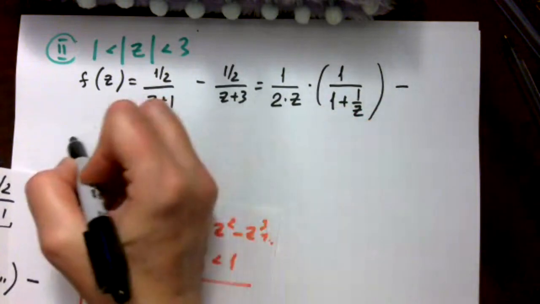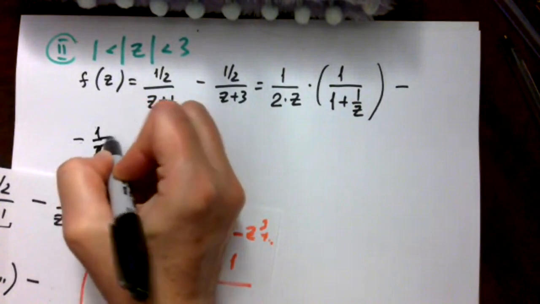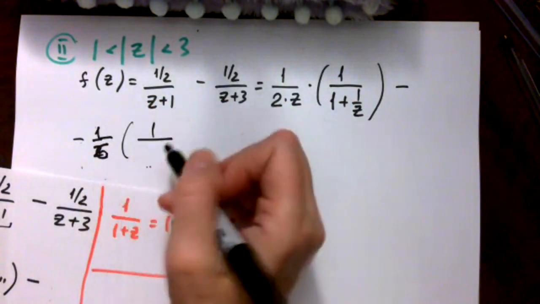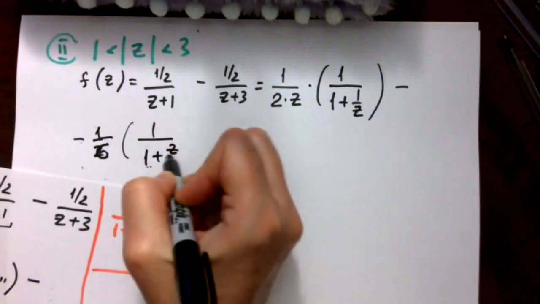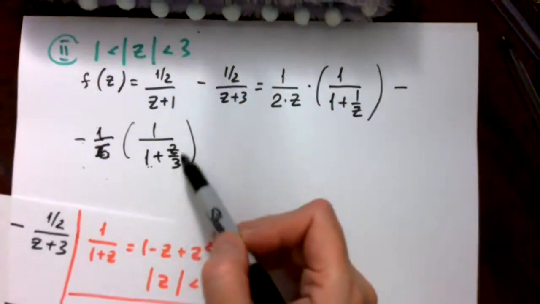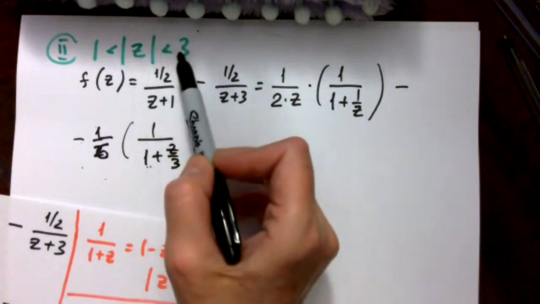And as for the second term, I think that if we do the same thing as in the previous example, if we pull out 3, we will still be able to do our canonical expansion. You know what? Let's write it down and analyze it. We will have the same guy, z over 3, but our region is still absolute value of z less than 3.